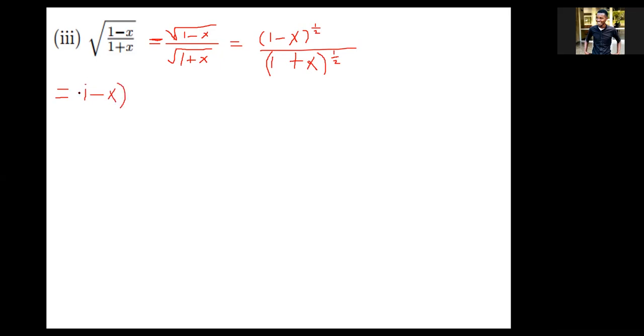Yeah, the time has started counting down now. So this is 1 minus x to the power half, and then you multiply it with 1 plus x to the power negative half. So you remember the example that we did when we were just starting, when you're multiplying two expansions, given the term on which you are supposed to end.